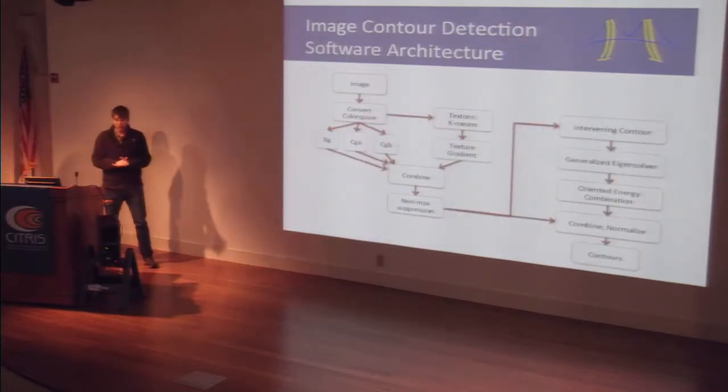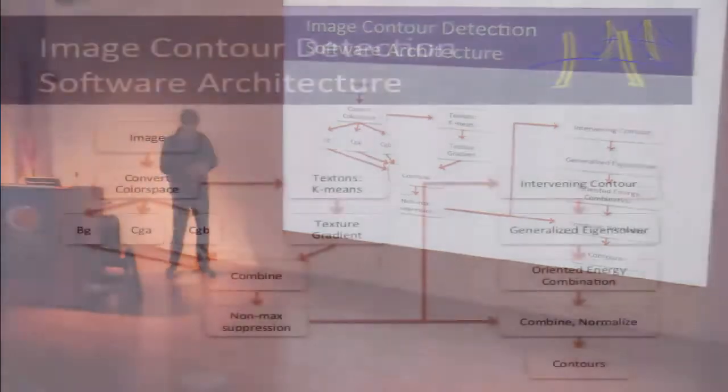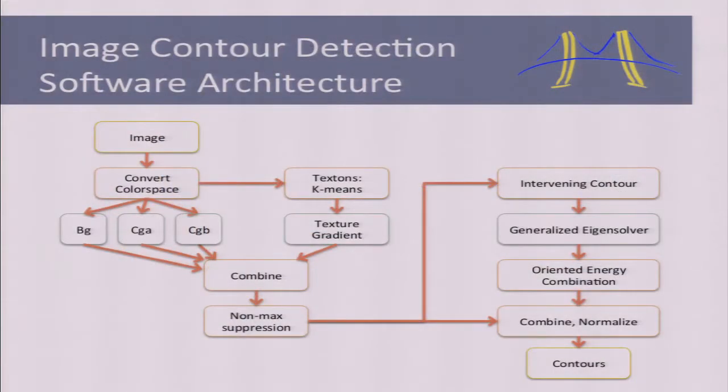This is the software architecture of contour detection. In general, you start with an image, and you extract features from the image based on the brightness, the color, and also the texture. You combine those features to form what's called an MPB detector, which tells you for every point in the image the probability that there's an edge at that point.